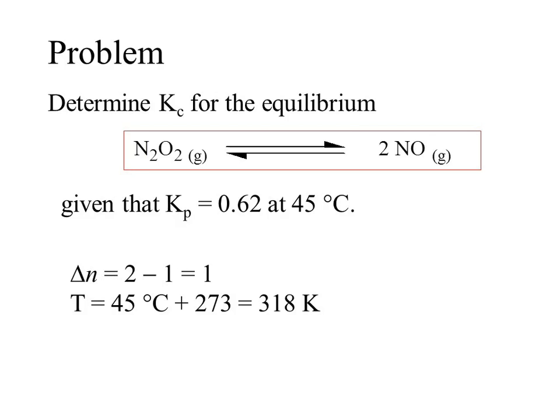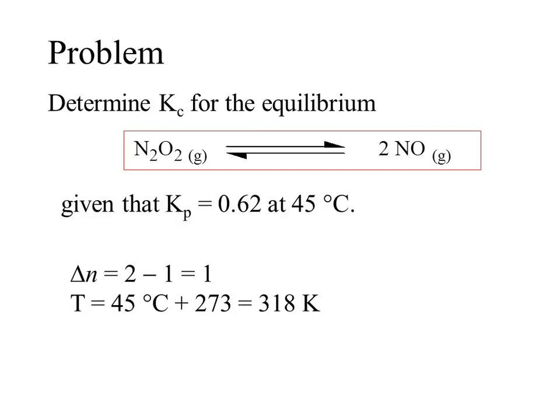It's the sum of the moles on the product side, which is 2, minus the sum of the moles on the reactant side, which is 1. So 2 minus 1, delta N is 1. Delta N could be negative, actually, if you end up with fewer moles on the product side than on the reactant side.